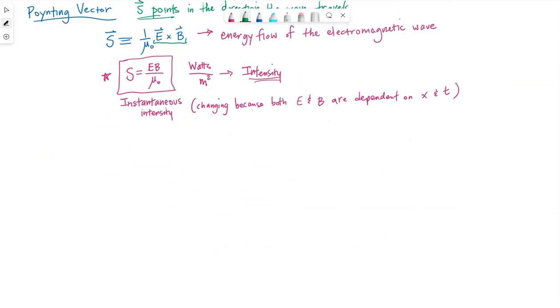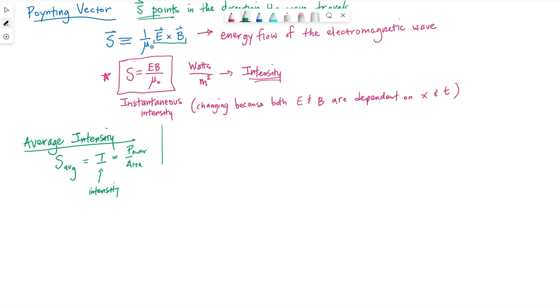So really, what we want to talk about is an average intensity. This will be listed as an S average. It is also shown as I for intensity. And if you recall back to waves when we talked about them before, this is power: the power of the source emitting the wave divided by area, the area the wave itself spreads over.